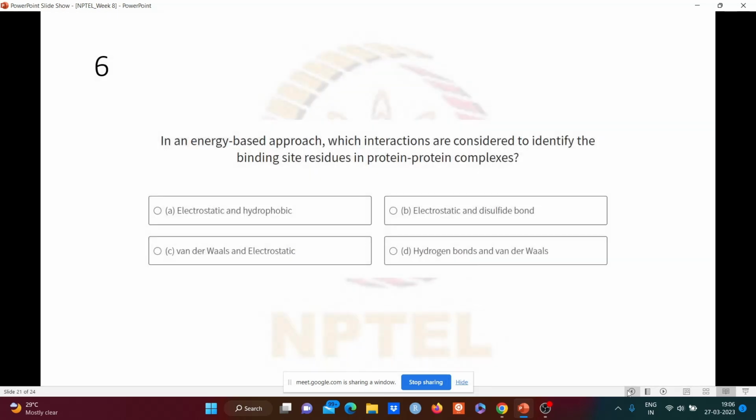Okay, let's move on to the sixth question. In an energy-based approach, which interactions are considered to identify the binding site residues in a protein-protein complex?